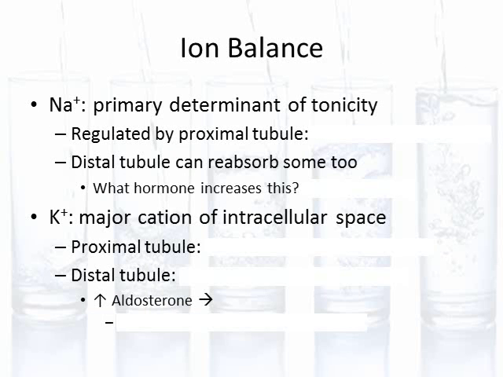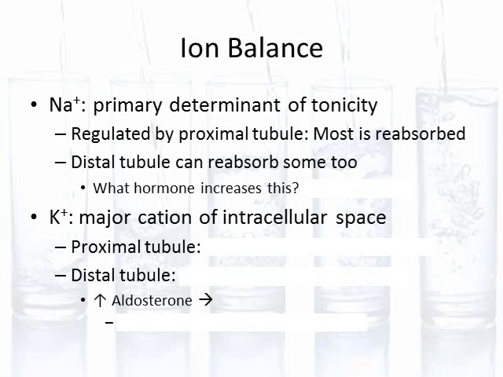Okay, so as far as ion balance goes, a very important part of fluid balance is also ion balance. And so it's very key to know that sodium is the primary determinant of tonicity in the body. Whether your body fluid is hypertonic or hypotonic is primarily determined by the level of sodium you have in your body. And this is going to be primarily regulated by the proximal tubule in the kidneys.